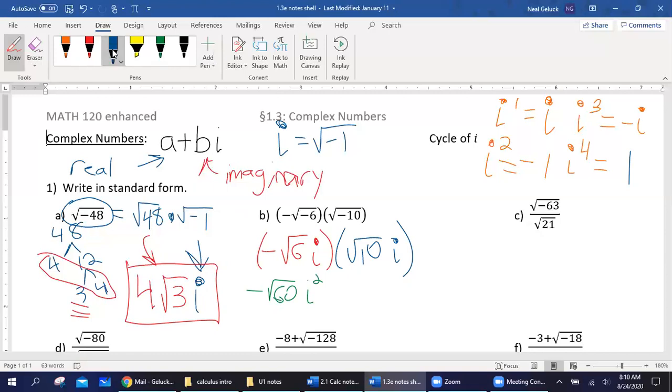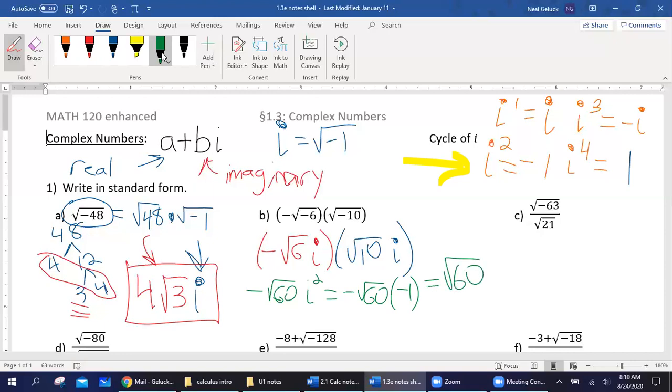But going back to our cycle, i squared is -1. So this turns into negative root 60 times -1. So the two negatives cancel out, and I'm just left with root 60.